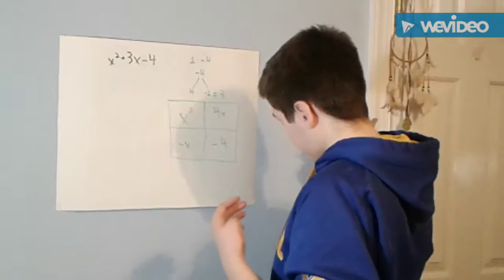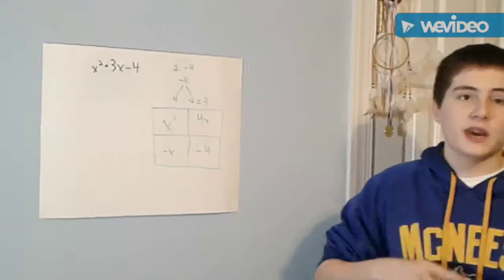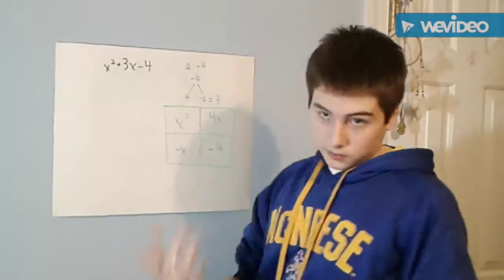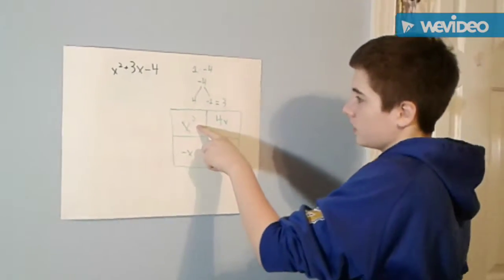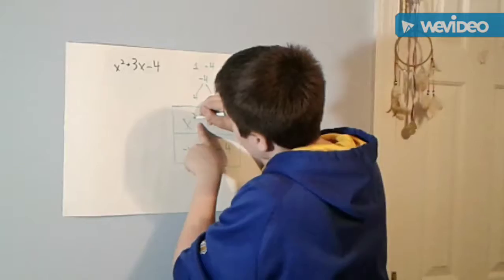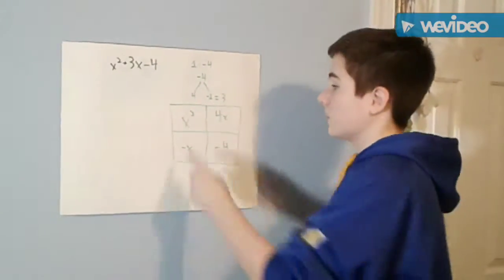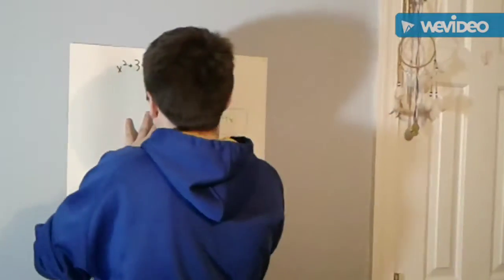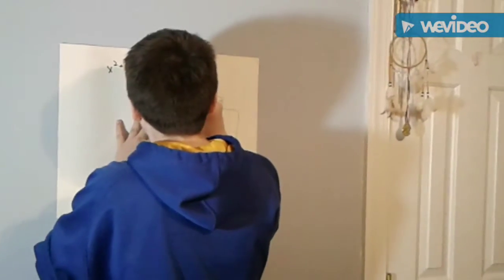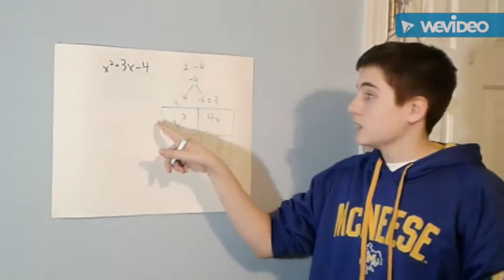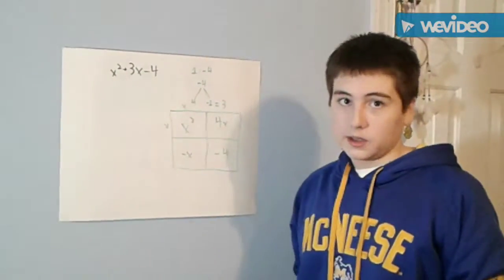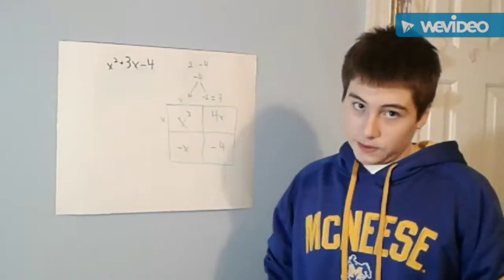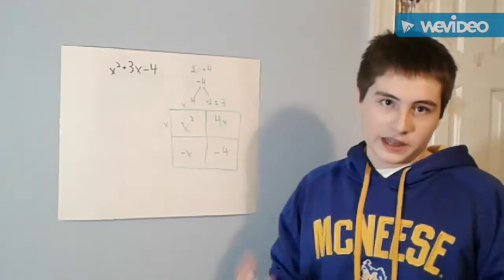Then you're going to find the GCF of all of these. For example, this x is squared with nothing else in front of it. So, in order to get x squared, you need to have x times x. Now, to get -x, and it's not squared, you're going to need a negative number.